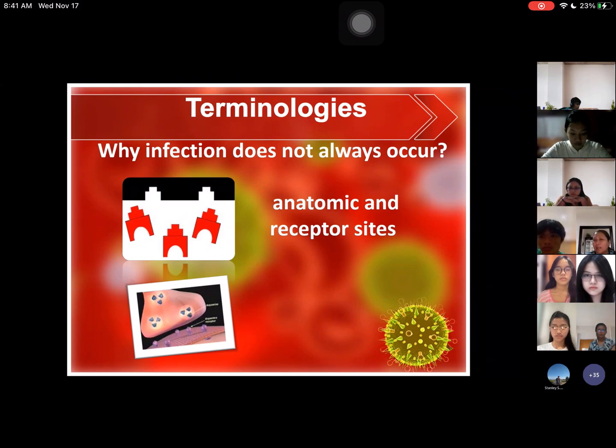Why does infection not always occur? These are the following reasons or causes.